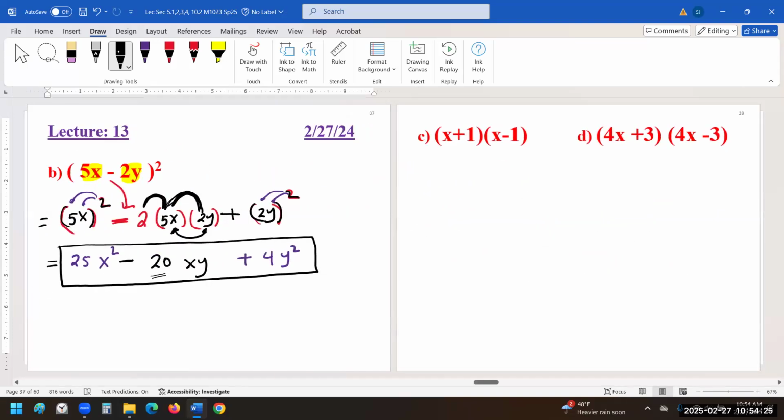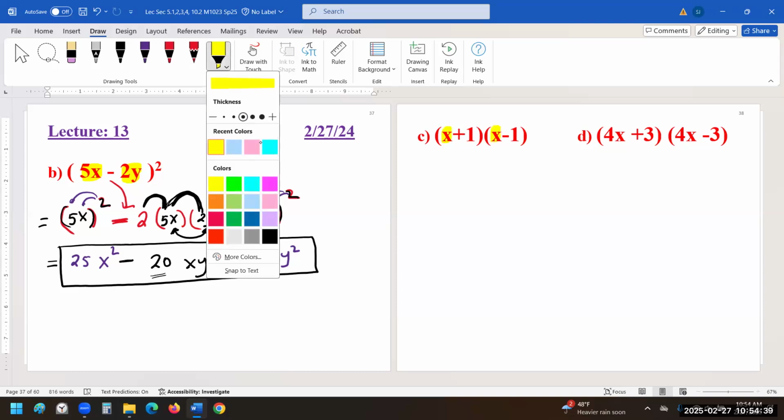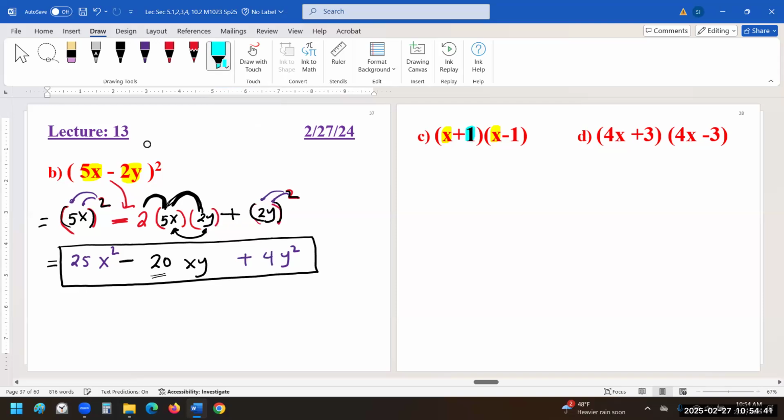Then we have another special type of formula where we have the exact same two terms, but they are adding and subtracting. So if you observe, we have x and x, the exact same thing. And then we have 1 and 1, exact same thing. So you're multiplying the exact same two terms.